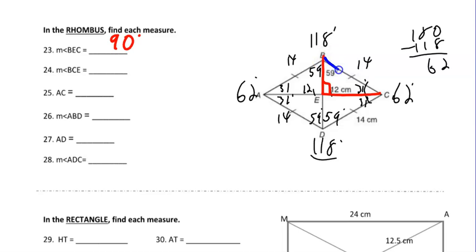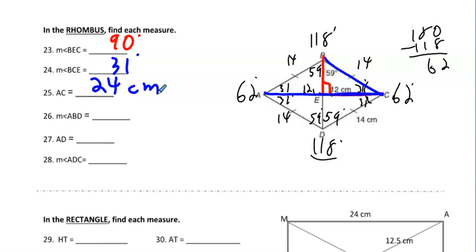So B to the C to the E. Well, we already labeled that. 31. See how easy that is? AC, where's that? AC is right here, from here all the way over. Well, each piece is 12, so that's 24. That's centimeters.